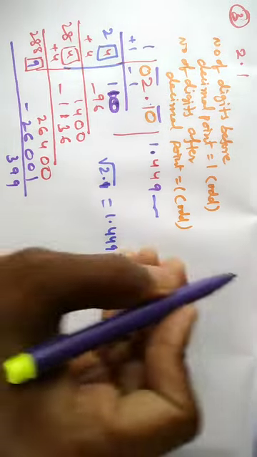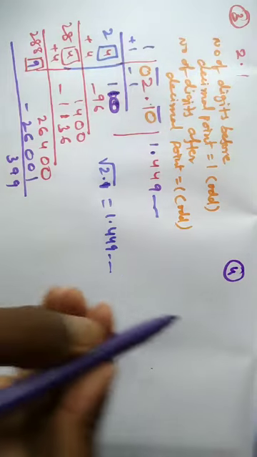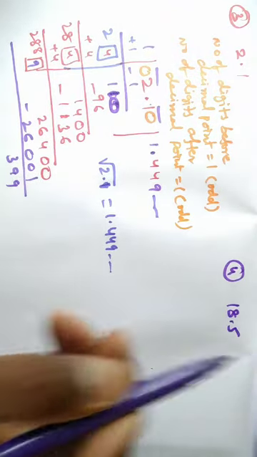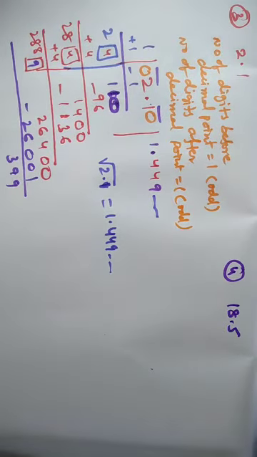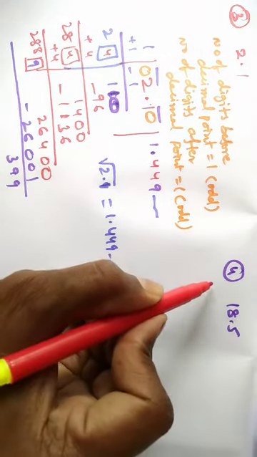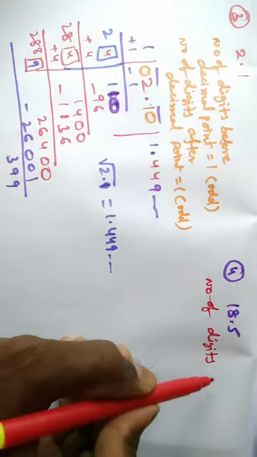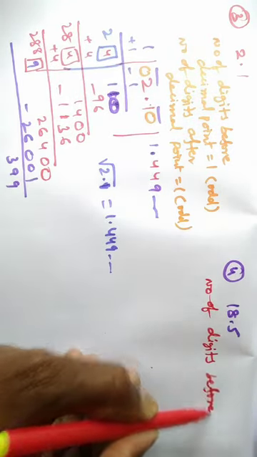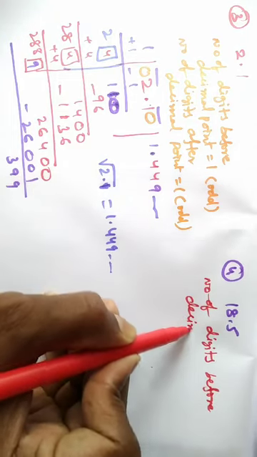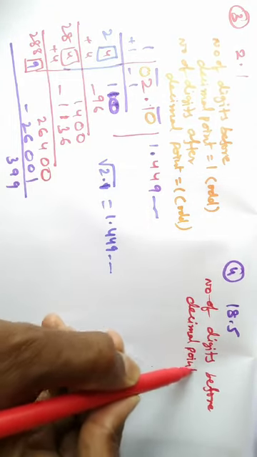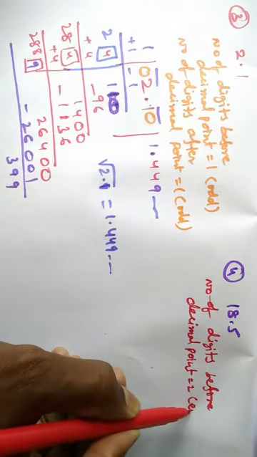Now let us take one more example, the fourth one, 18.5. Here the number of digits before the decimal point is 2, even.